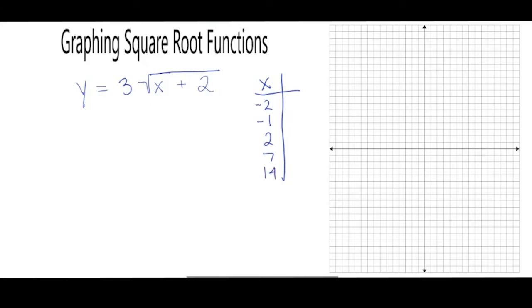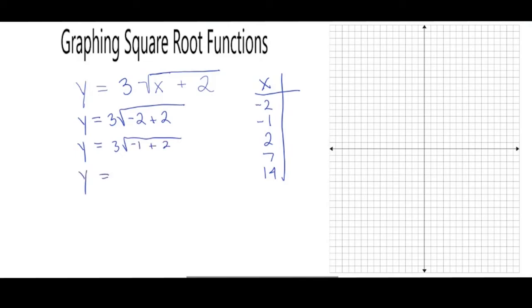You could do this with any x values that would work, but that would create some really gross looking decimals if you just plugged in random numbers. I'm trying to keep it nice and neat. So first we'll do y equals 3 times the square root of negative 2 plus 2. Next, y equals 3 times the square root of negative 1 plus 2.